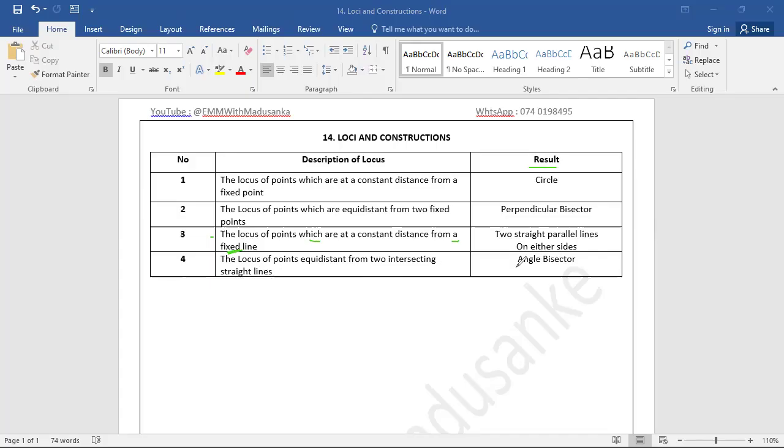So you need to remember what you should do, the angle bisector. Right? So you need to construct the angle bisector. So these are the main things that we are going to learn. Apart from that, we have something to be done. Let's do these things step by step, right? Okay. Right. So, did you finish writing this?